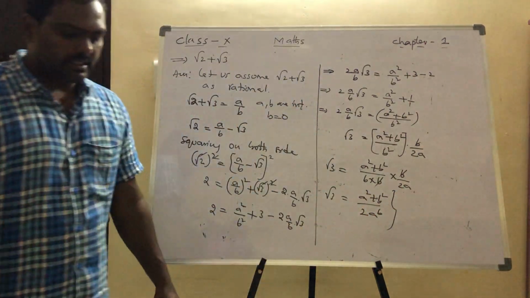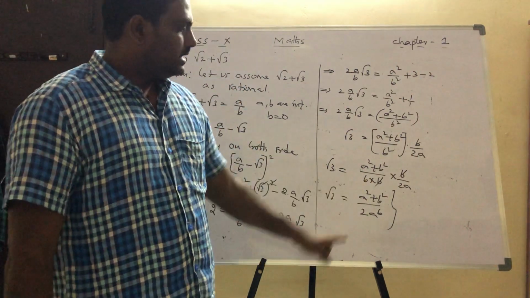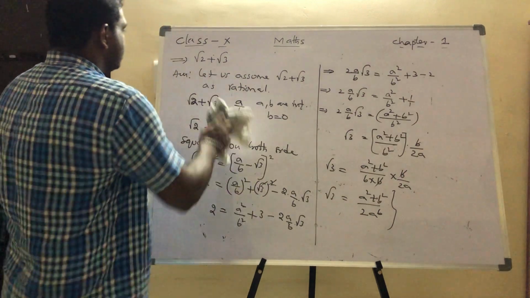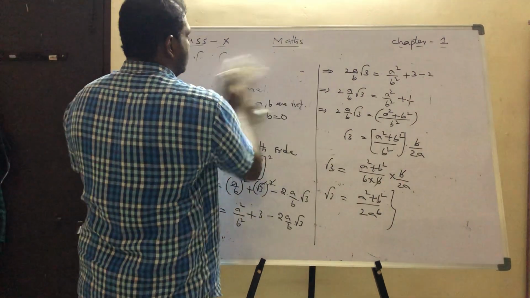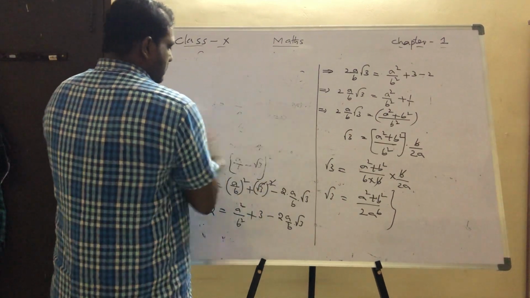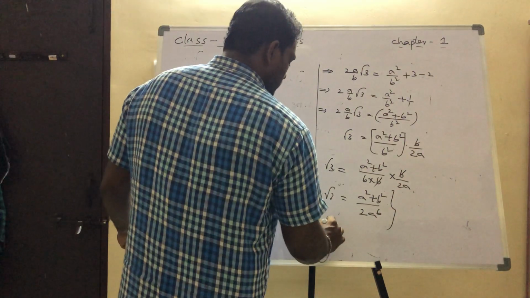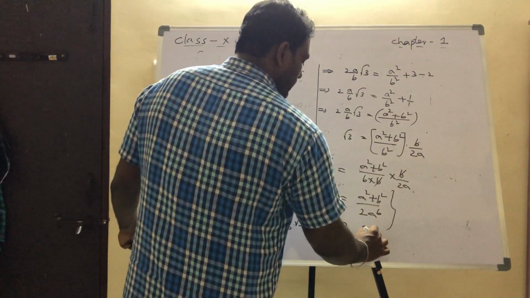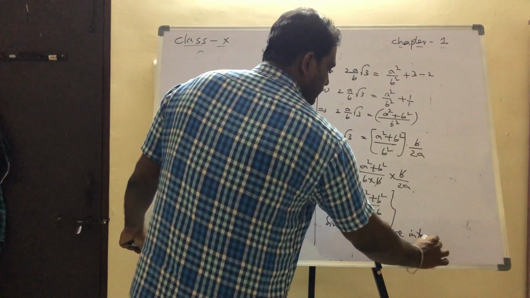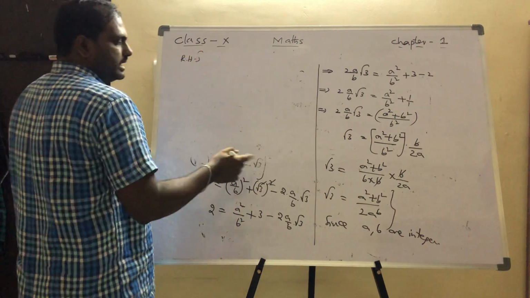Now what is the next step? Very simple. Since a and b are integers, next I can write: since a, b are integers, the RHS, what is RHS?